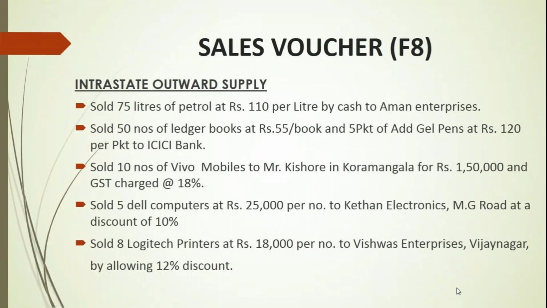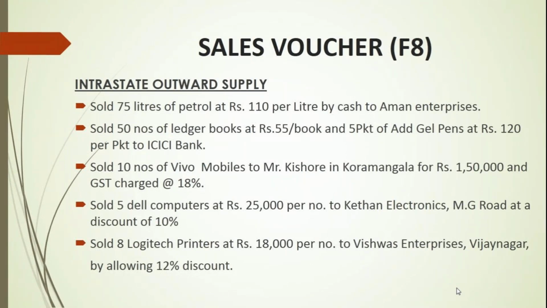For purchase it is an inward supply because the business is receiving stock, whereas a sale is an outward supply because the stock items are moving out of the business. Intrastate outward supply means the sales are taking place within the state.